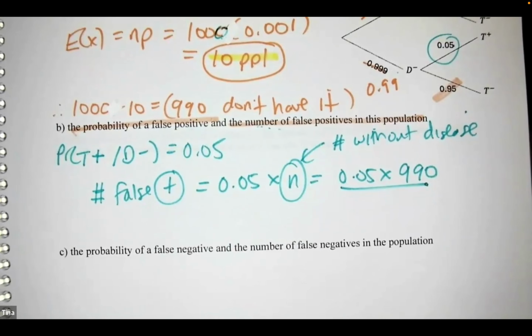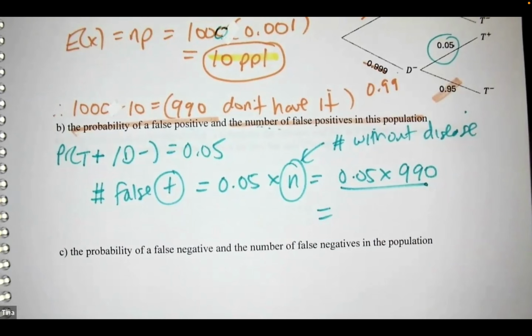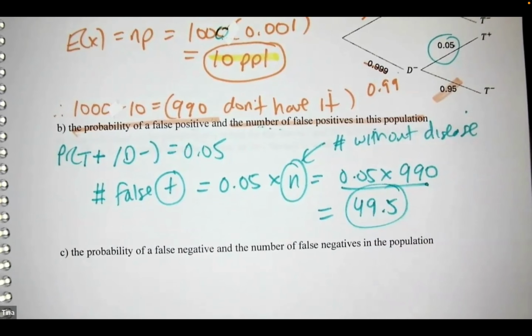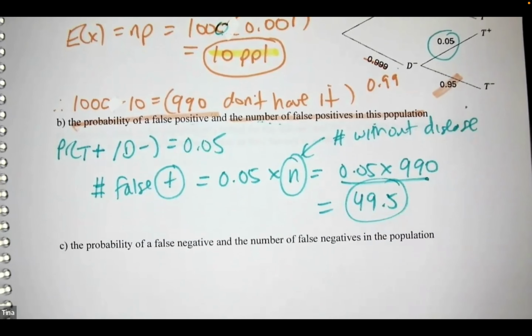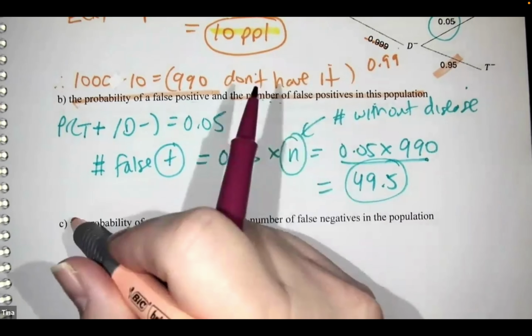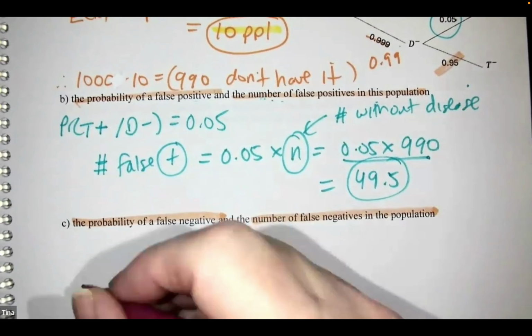People got that wrong, right? They did 0.05 times 1,000, which was the trick. So here we've just got 0.05 times 990. So that's basically, well, I guess you can't have half a person, so 50 people, but anyway, 49.5 is the exact answer. And then what is the probability of a false negative and the number of false negatives?